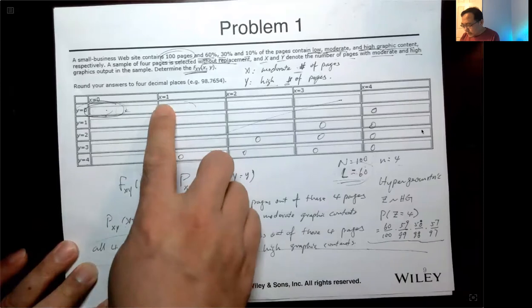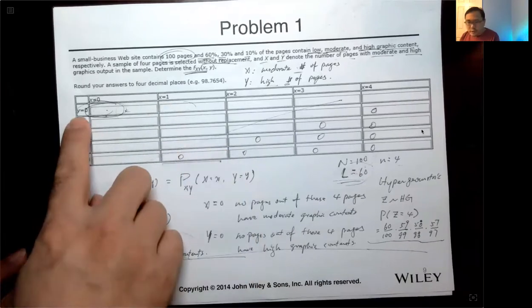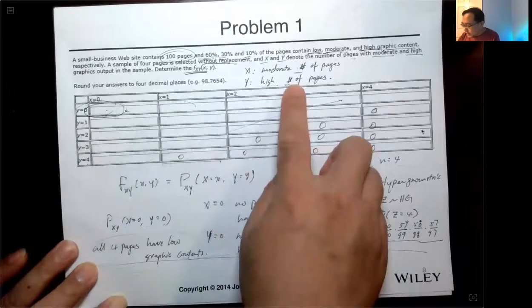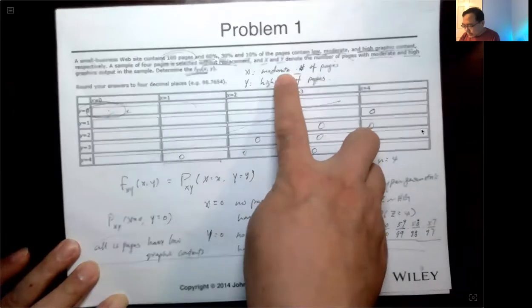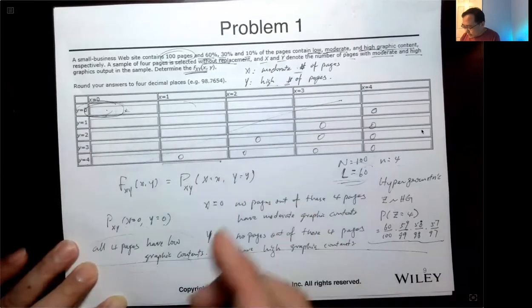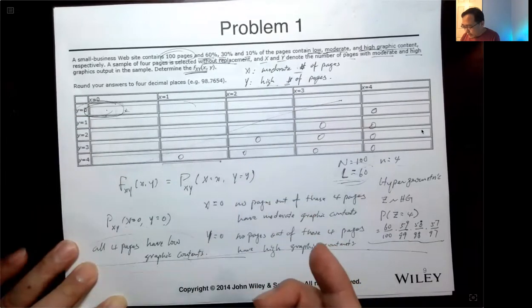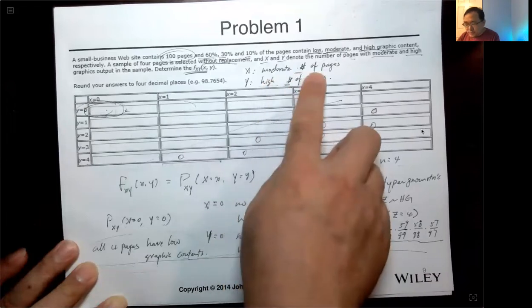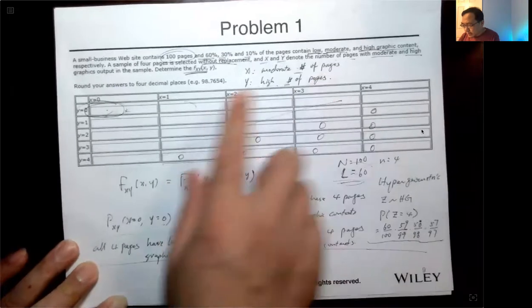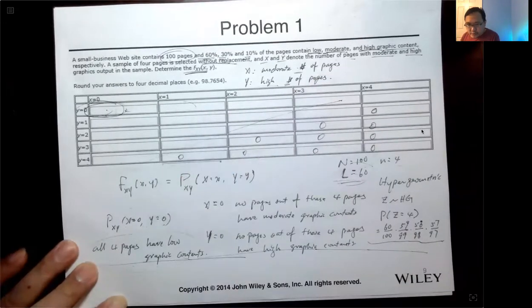If you look here, X equals 1 and Y equals 0, what does it mean? One page has moderate graphic content, and 0 pages have high graphic content. So one page has moderate graphic content, then the remaining three pages will have only low graphic content.